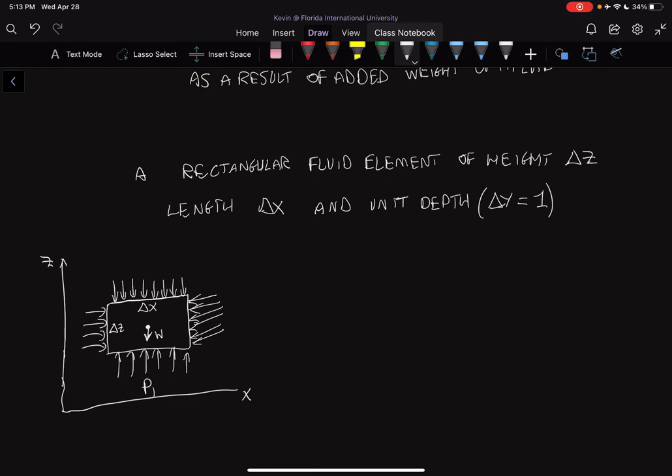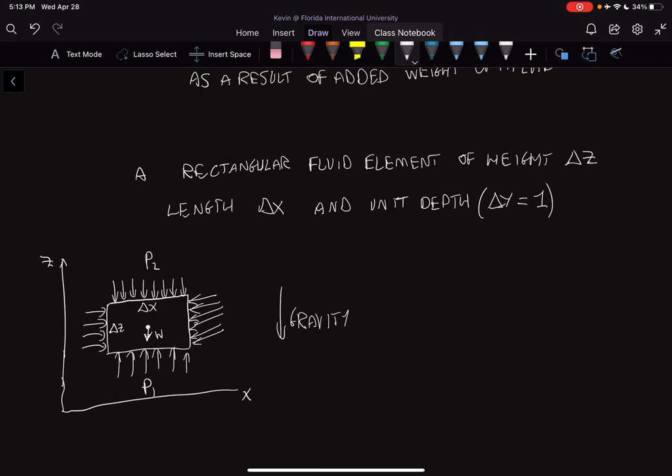And it's going to have a pressure 1 pushing up, a pressure 2 pushing down, and it's going to have also pressures on the sides, but those pressures on the sides are going to cancel out. So the pressures in the x direction are going to cancel out because there's no weight being pushed from left to right. The weight is straight down because of gravity. So we can say that gravity is going down essentially.